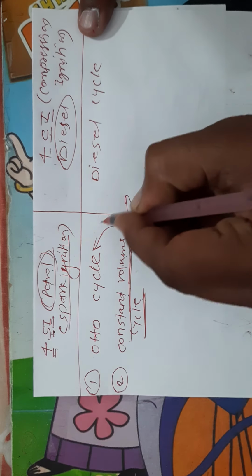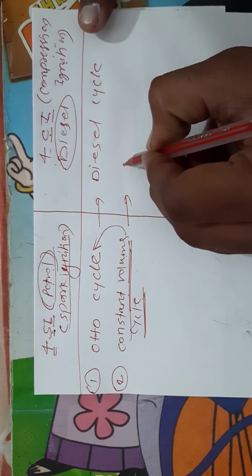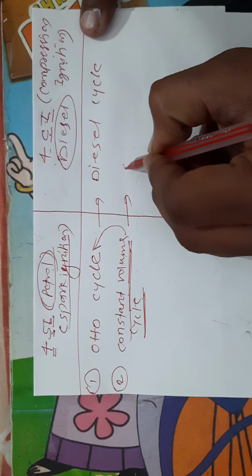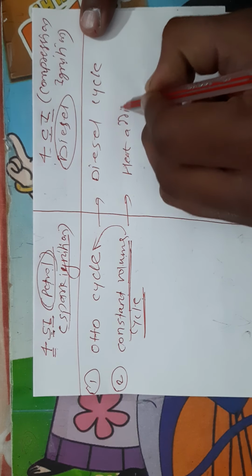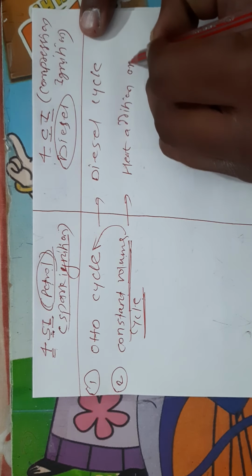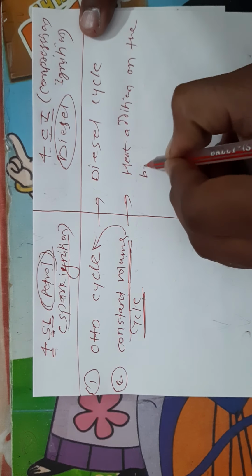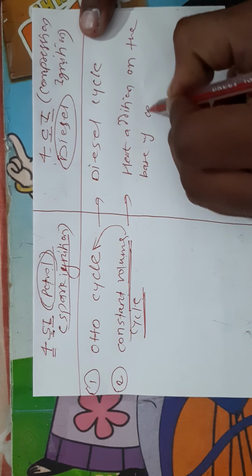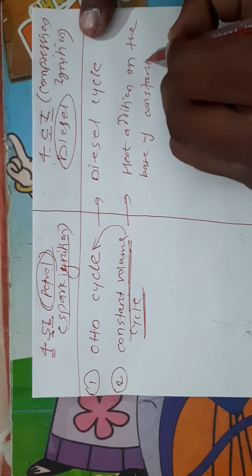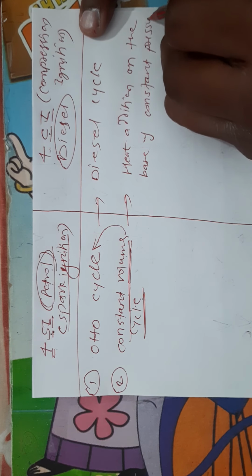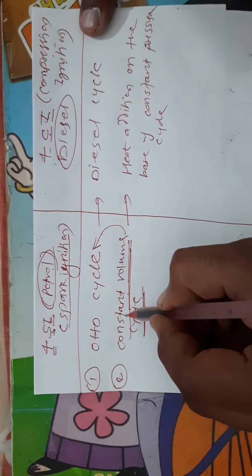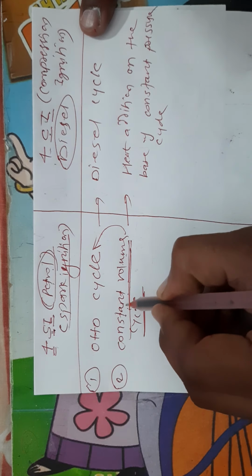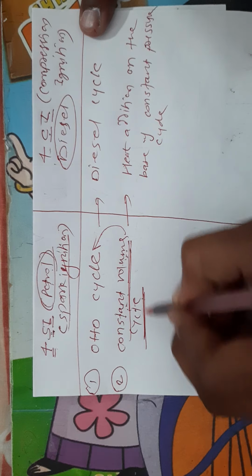In our diesel engine, the heat addition is done on the basis of the constant pressure cycle, and here in the petrol engine heat addition is done on the basis of the constant volume cycle or constant volume process.